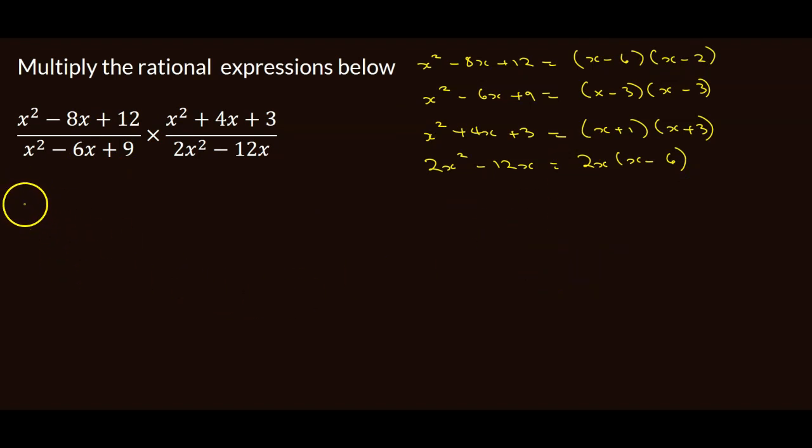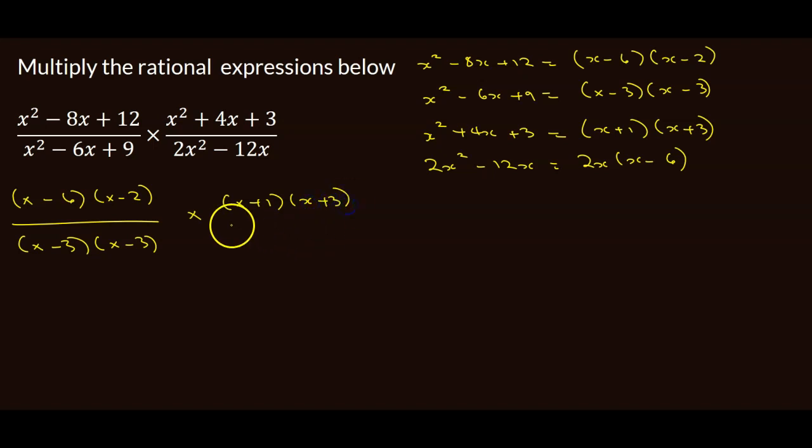So we have here x minus 6, x minus 2 over x minus 3 multiplied by x minus 3, and then we multiply by x plus 1, x plus 3, and then we divide this by 2x and then x minus 6.